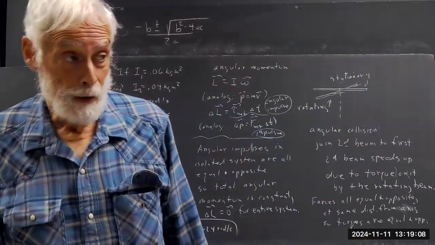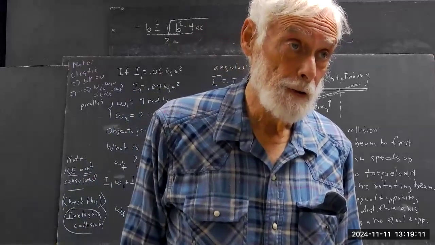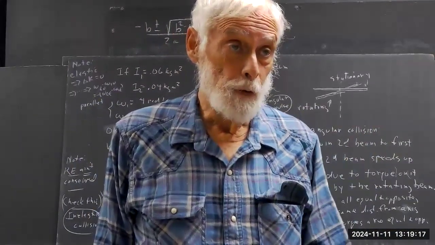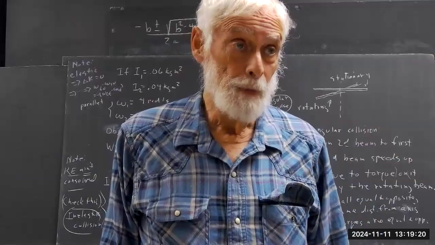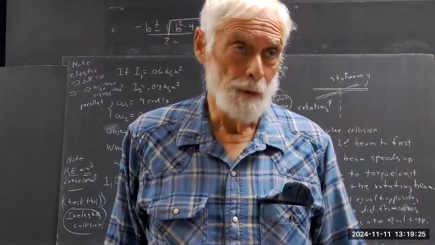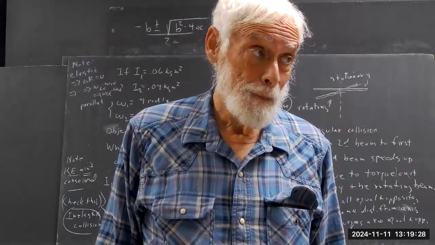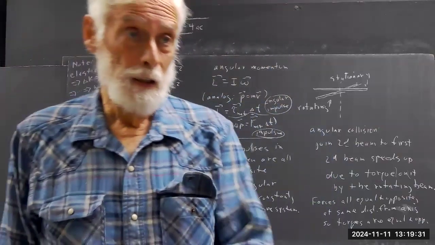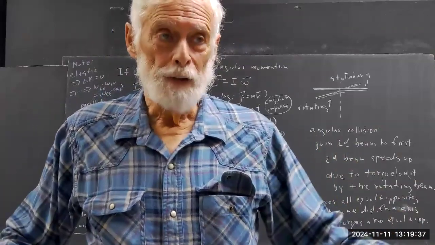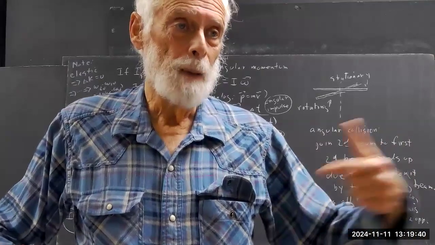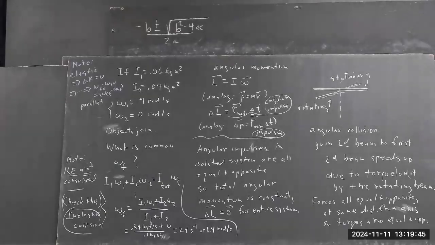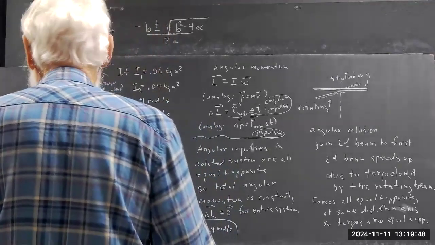That's key to analyzing a completely elastic collision. You could do it by setting momentum after equals momentum before, kinetic energy after equals kinetic energy before. You'd end up with some moderately ugly equations that you should be able to handle. But they reduce down to momentum before equals momentum after, and relative velocity before is equal and opposite to relative velocity after. Okay, that's all I'm going to say about that. Take those words and take them back to what you're doing.